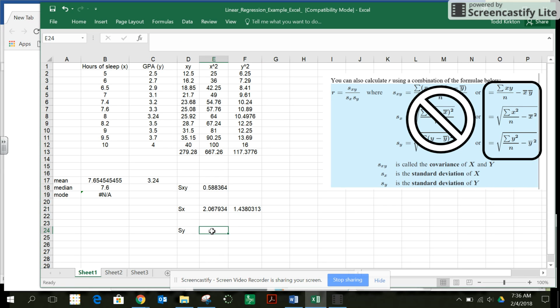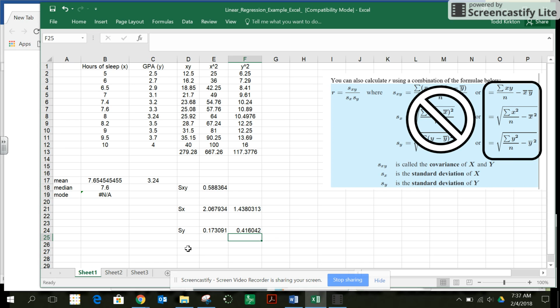For the y's, I'm going to do what's underneath the square root sign. So it's the sum of the y squareds divided by 11 minus the mean of the y's squared. And then I'm going to take the square root of that cell right here.